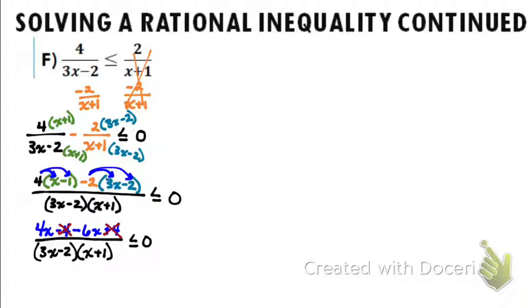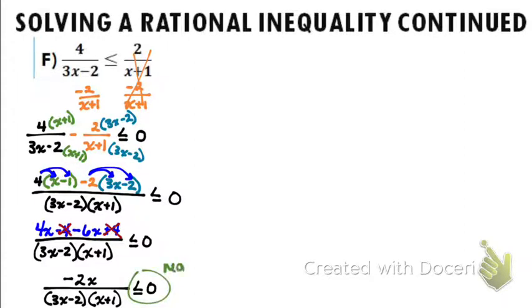So I have 4x minus 6x, which gives me what up in my numerator? Negative 2x over 3x minus 2 times x plus 1. Where is that less than or equal to 0?